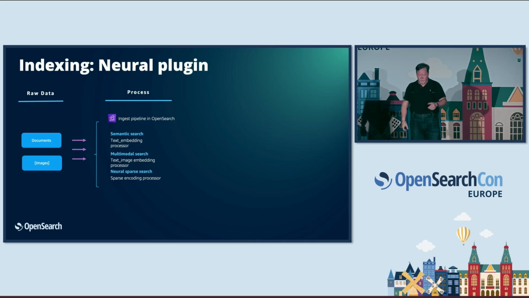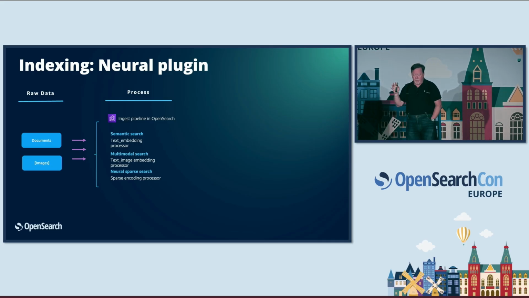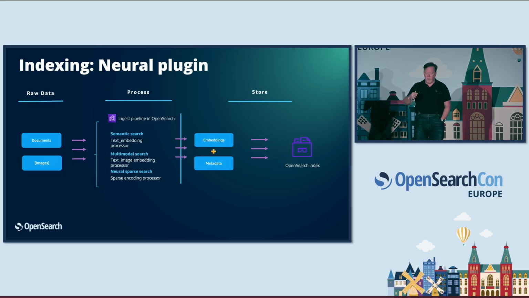You'll use the multimodal, the text image embedding processor. You have the sparse models. You'll use the sparse encoding processor. This is how you engage and bring the data in with the appropriate vector stuff. So these processors, again, bring the embeddings in, and you send them off to the OpenSearch index.